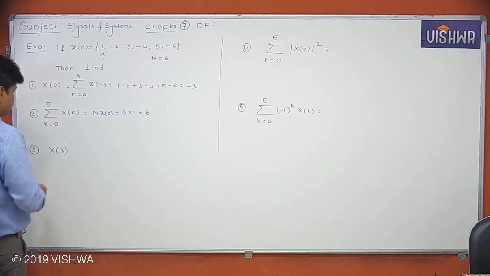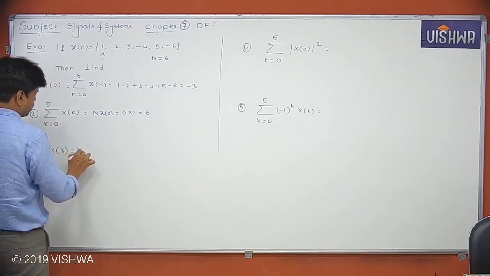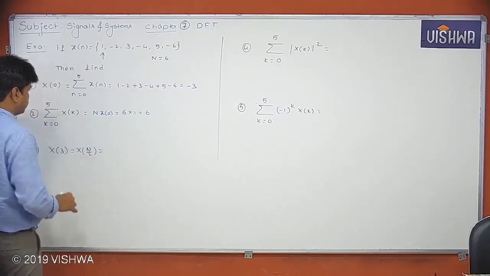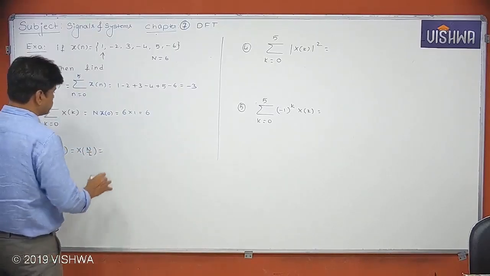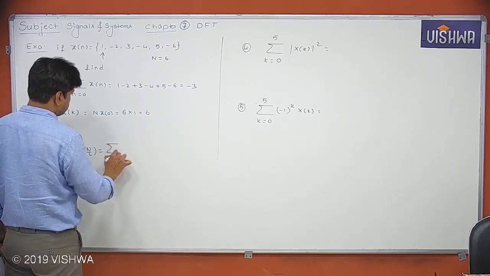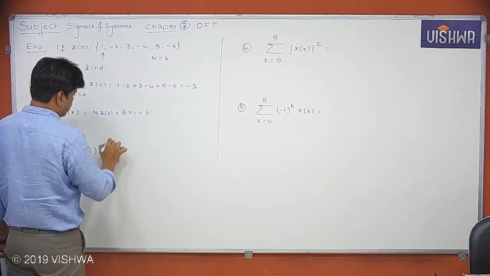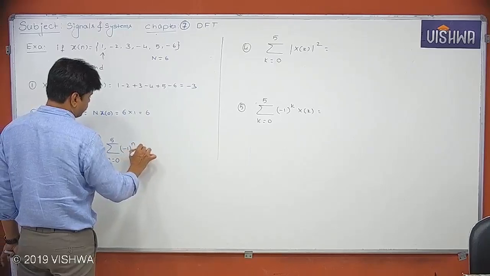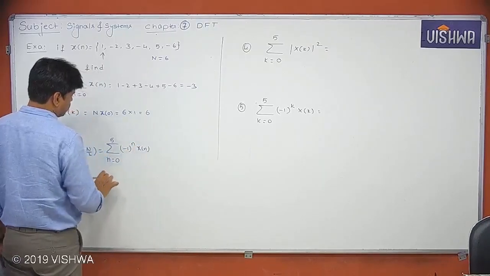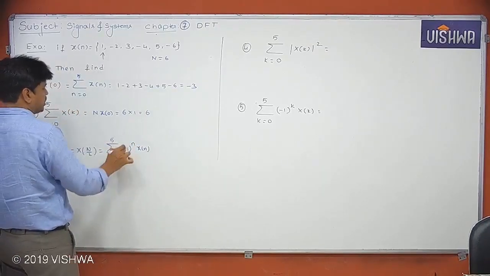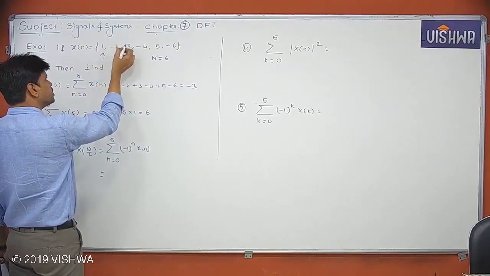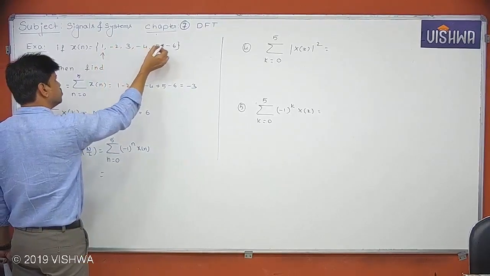Next, X of 3. What is X of 3 actually? X of N by 2. What is X of N by 2? Summation n equal to 0 to 5 of minus 1 whole power n x of n. So summation of minus 1 whole power n means at 0 we have positive, minus, positive, minus, positive, minus.